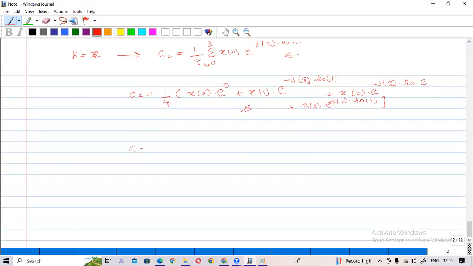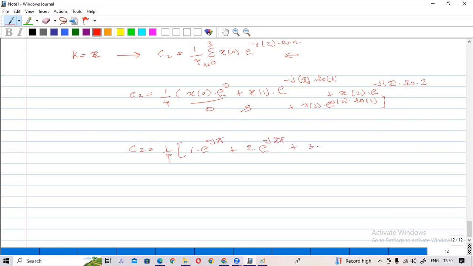So C2 is equal to 1/4. x0 is 0, so that vanishes. There is no part here, zero value. x1 is 1, e to the power minus j, omega naught is 5π/2 multiplied by 2, that is 5π. Minus j5π, plus x2, that is 2 e to the power minus j, now 5π/2 times 2, the 2s cancel, so it will be 2 e to the power minus j5π.